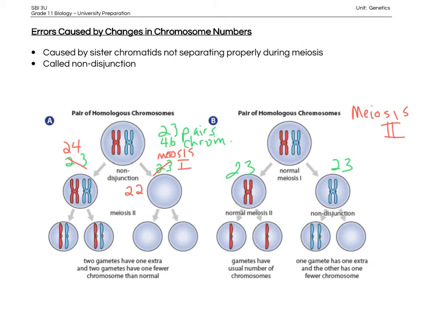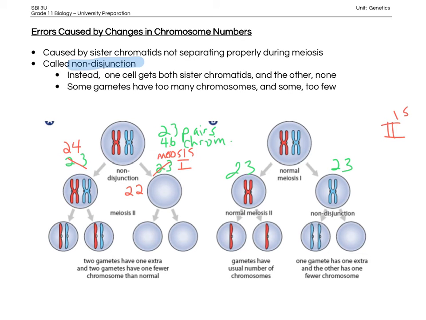That process, however, is collectively referred to as non-disjunction, and the disorders associated with it are referred to as non-disjunction disorders. Okay, so instead, one cell will get both sister chromatids and the other will get none. So the result, as we spoke about, is that some gametes are going to have too many chromosomes, while some will have too few. They'll be missing some.